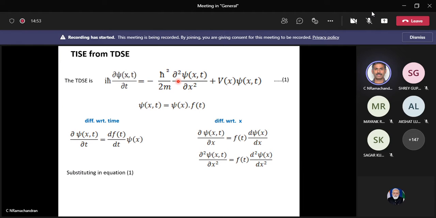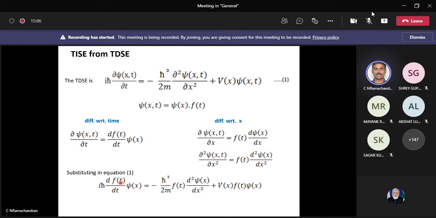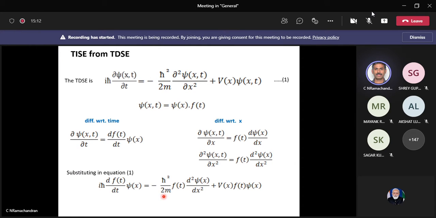If I substitute back into the equation, you can see that i h cross partial d by dt of psi of x,t becomes i h cross d by dt of f of t into psi of x on the left side. On the right side, minus h cross square by 2m is there. Instead of d square by dx square of the wave function, I will substitute this one.